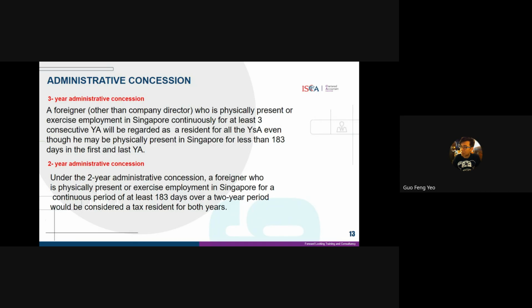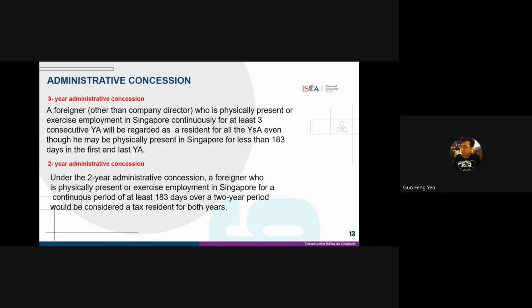So for example, the 3-year administrative concession covers a situation where a non-Singaporean, i.e. a foreign individual, other than one that's employed as a company's director, who is physically present or exercises employment in Singapore for at least 3 consecutive YA, will be regarded as a tax resident for all the YAs, even though he may be physically present in Singapore for less than 183 days in the first and last YA.